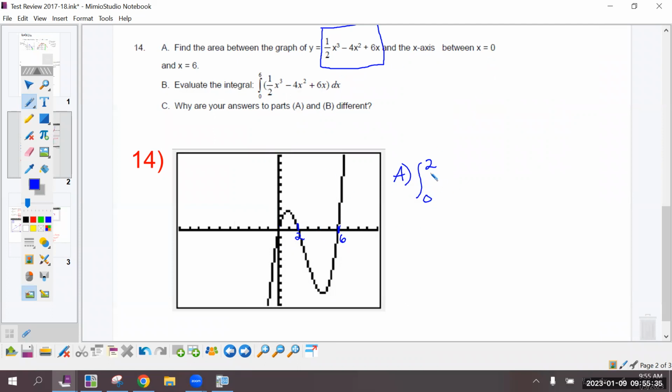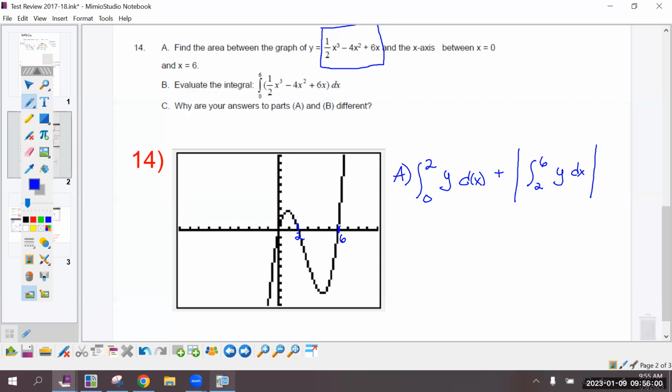So if I do 0 to 2 of my function, that part's above the x-axis, so I don't have to do anything to that value. But the part that's below, I'm going to have to take the absolute value of this integral, because the integral will be negative, meaning below the x-axis.